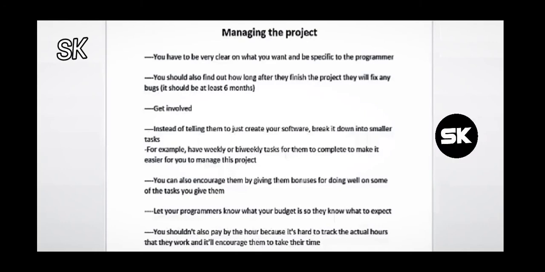So you have to make sure you've done your research already before you hire someone to start working on your project. Okay, and you should also find out how long after they finish creating your software they will be able to fix any bugs. So in my opinion, it should be at least 6 months after they've completed the software, where they could still fix anything that's wrong with your software.